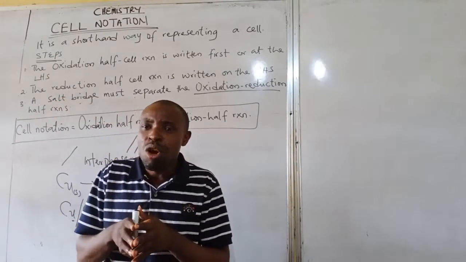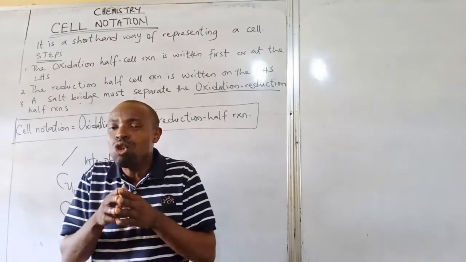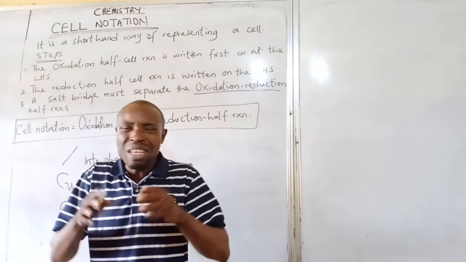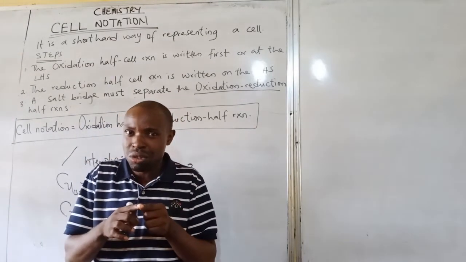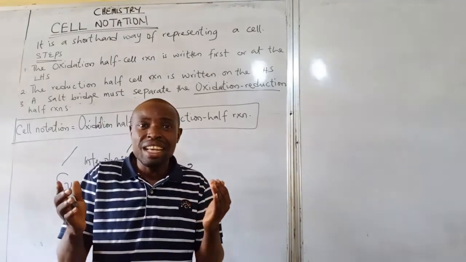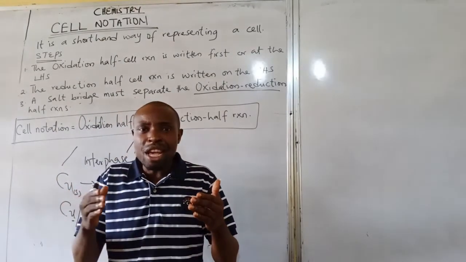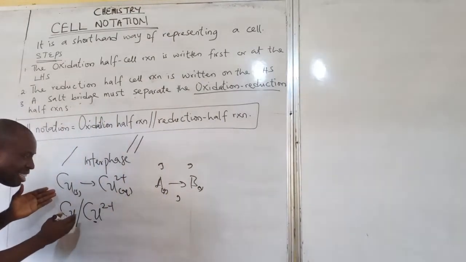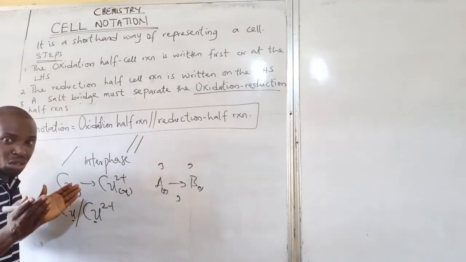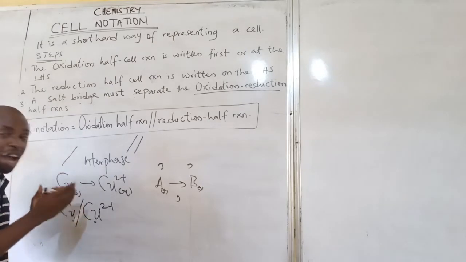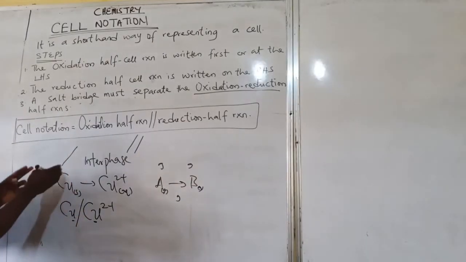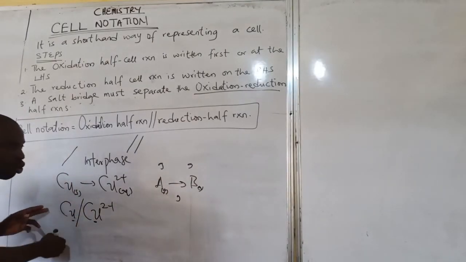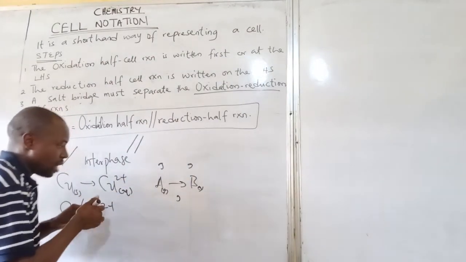A salt bridge maintains electrical neutrality within the internal circuit, and it also provides a means of support that connects the free flow of ions from the oxidation half cell to the reduction half cell.